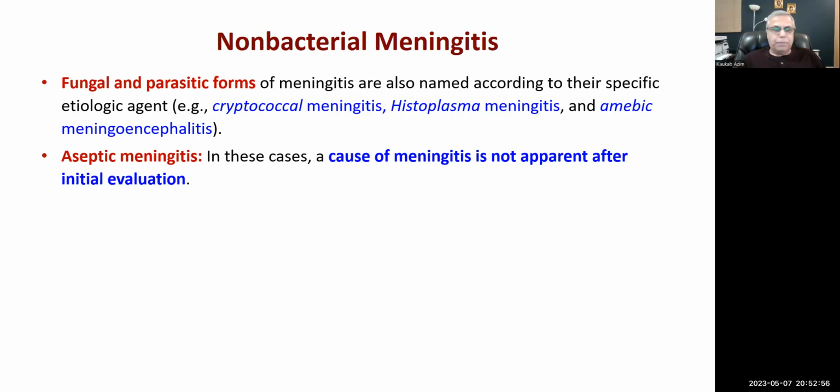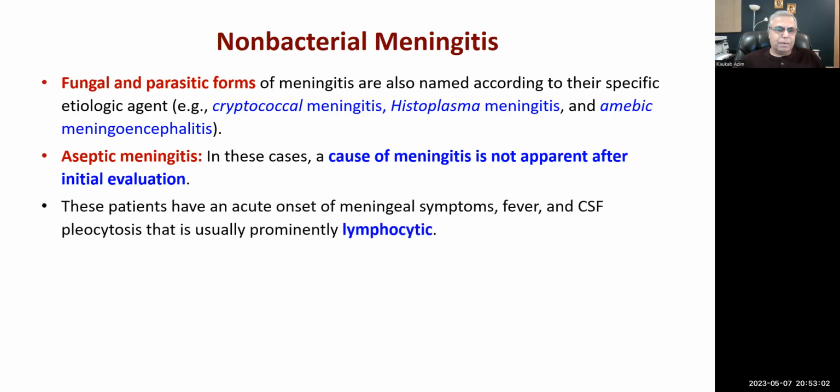So that is why we call it aseptic, whether it is bacterial or viral, although in most of the cases it is viral. These patients have an acute onset, and I'll tell you what we mean by acute and subacute in a later slide. Acute onset of meningeal symptoms, fever, and cerebrospinal fluid pleocytosis that is usually prominently lymphocytic.